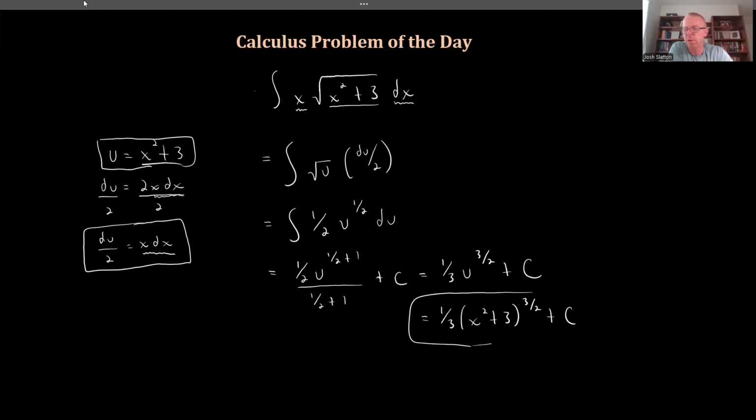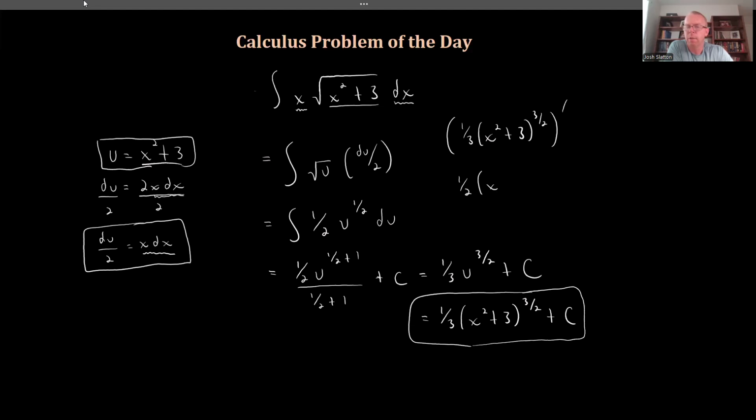Now you can pretty easily check these, make sure that it's right. So if we take the derivative of this, we should end up with that. So let's try that. So let's do 1/3 x squared plus 3 to the 3/2, prime. So this is just very easy. Chain rule, 3/2 times 1/3, that gives 1/2.